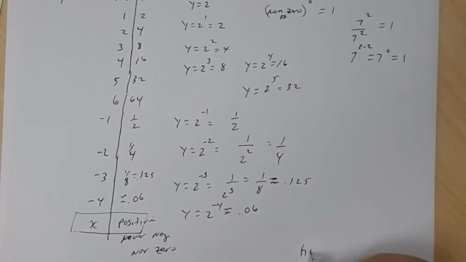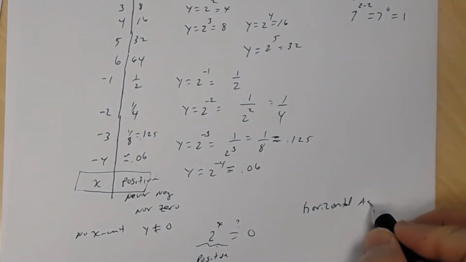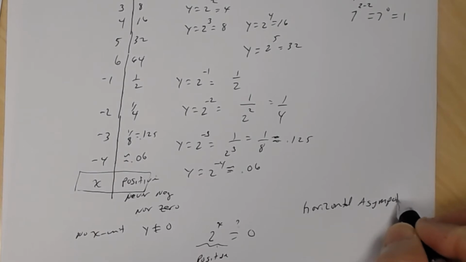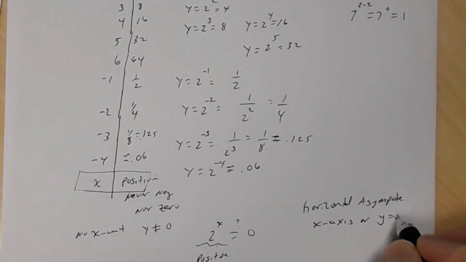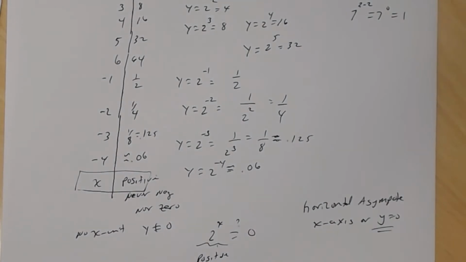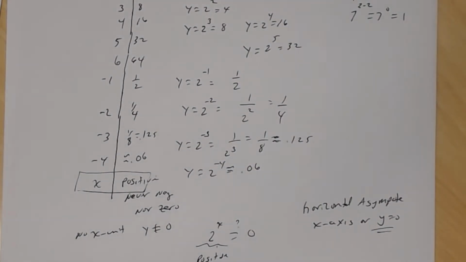So the horizontal asymptote is the x-axis, or y equals 0. You're going to be asked for the equation, but if they don't ask for the equation, just say x-axis, because that's what it is. Okay, so that was that one.